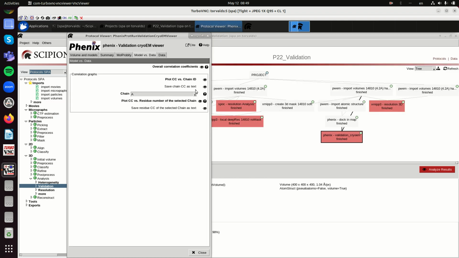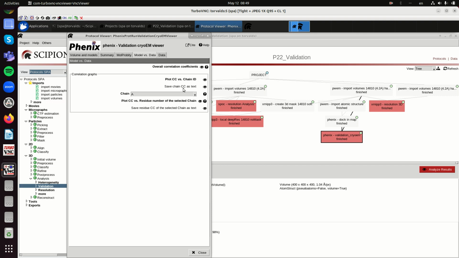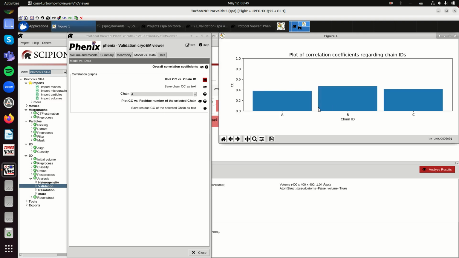In the model versus data, we can see again all the correlations. We can see these correlations by chain. So you take chain A, and this is the cross correlation per chain, but you can also see it by residue.